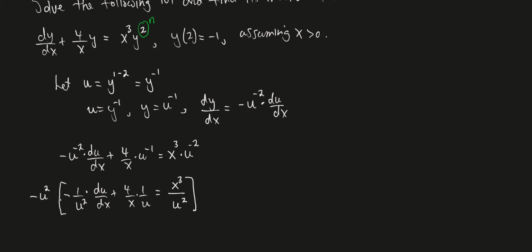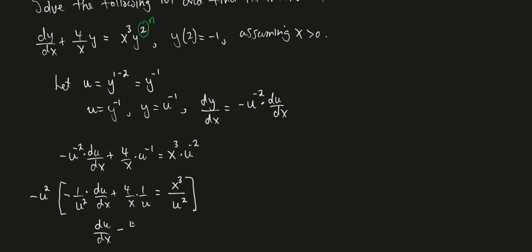Because remember, in so many of these forms, whether it's a solution or some kind of theory, we need the leading coefficient to be 1. So if I multiply through by negative u squared, I'll have du/dx, and then this plus sign becomes a minus sign.